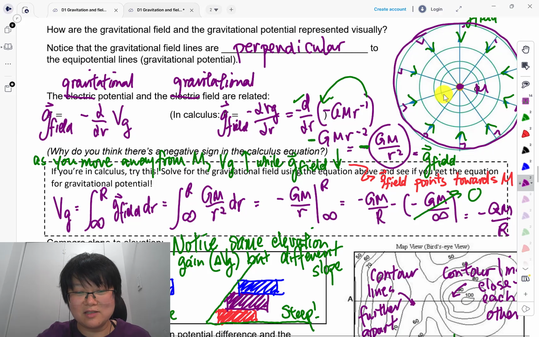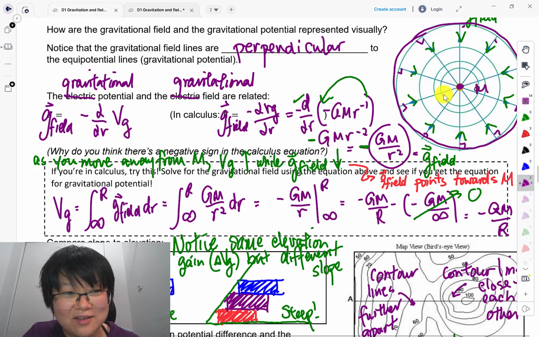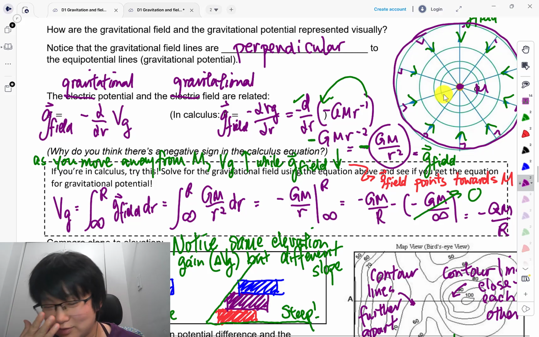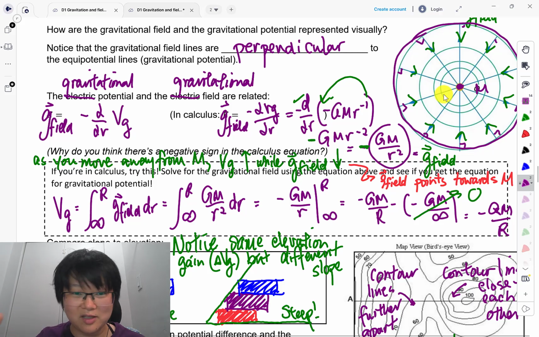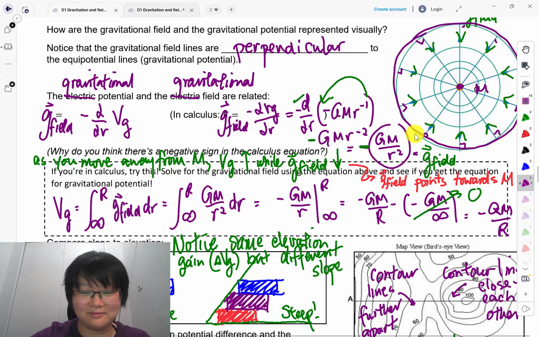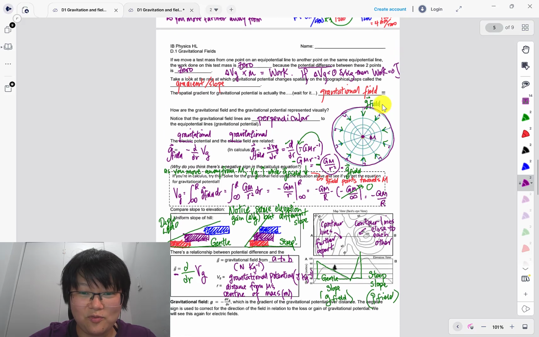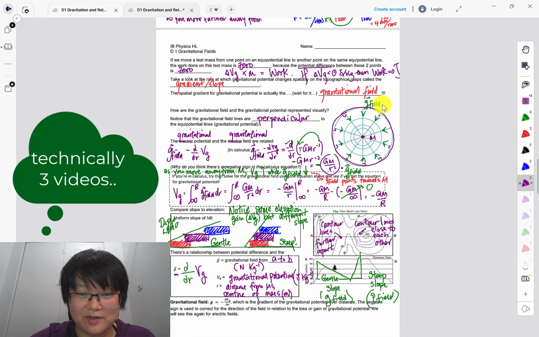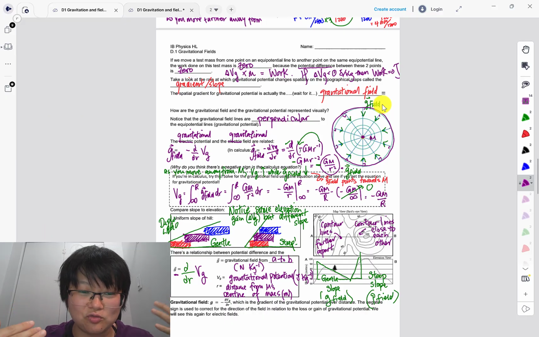Calculus is amazing. I hope that later this year, when you do learn calculus, you'll come back to this concept again and see how they're all linked together. Otherwise, hopefully these two videos give us a better understanding of what gravitational potential represents.